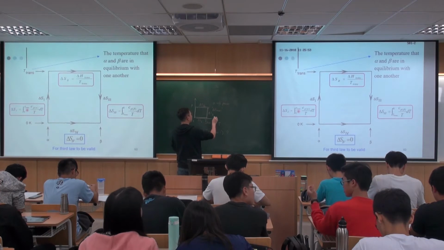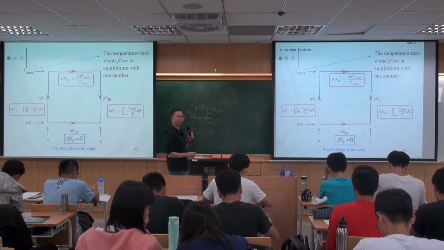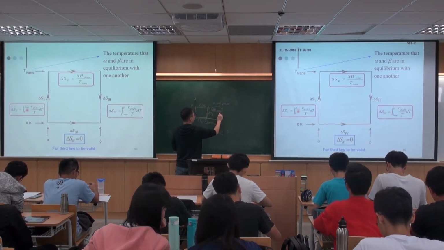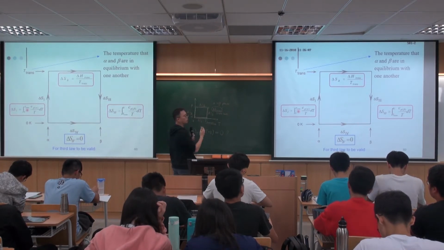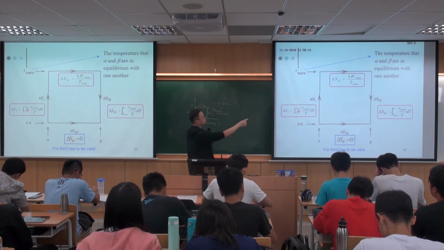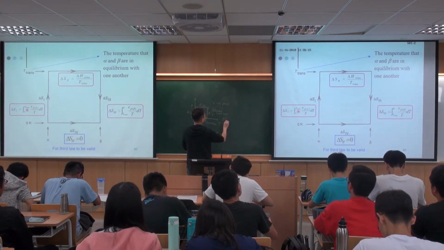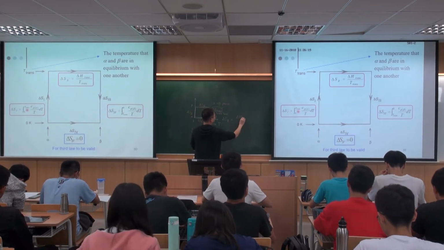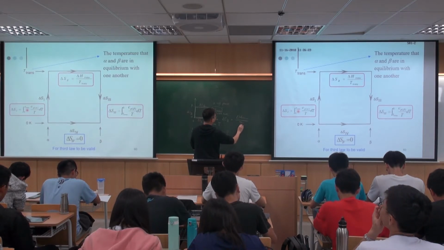And then we add this transformation entropy change. This is much easier to calculate because we already know for the phase transformation to happen, there's a latent heat of this amount, and the temperature is the transformation temperature. So delta S2 is just delta H transformation over this temperature.